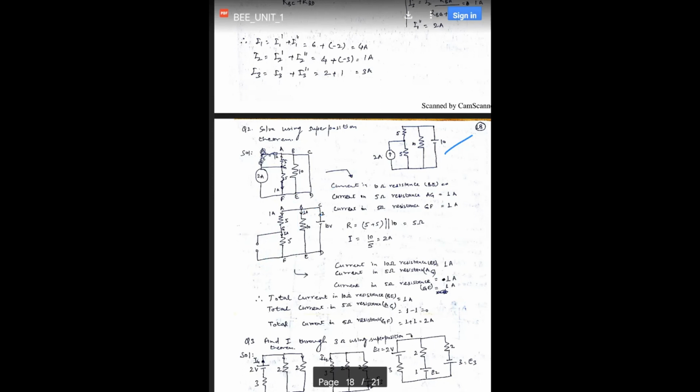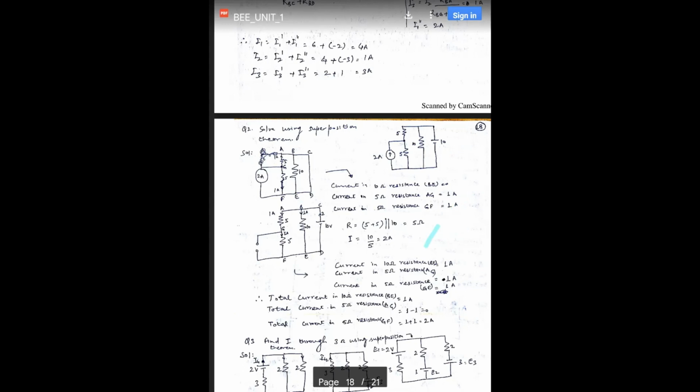So 10 ohm is parallel with 10 ohm. It will give the result 5 ohms. So voltage source is 10, resistance is 5. So current flowing into the circuit from the voltage source will be 2 amperes.